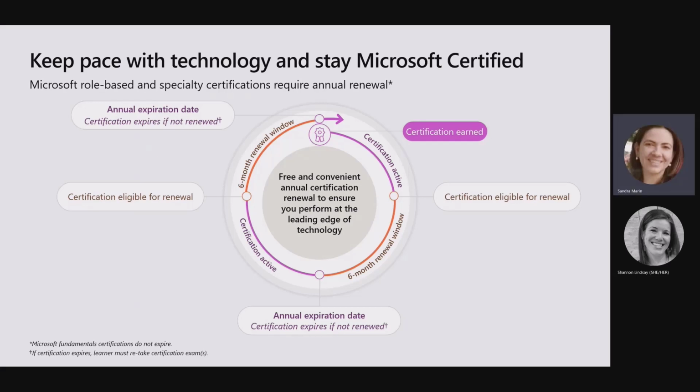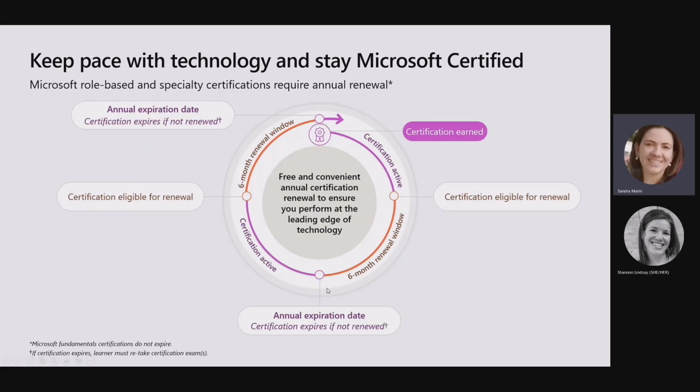So we have a very simple certification renewal. Once you earn your certification, it will be active for 1 year. Before that year ends, at the 6 months mark, you are eligible to renew your certification. So you have 6 months to renew your certification, and you must be sure to renew it before it expires. If you let it expire, you're going to have to take the exam again from the beginning.